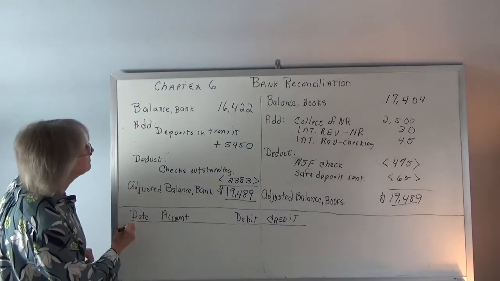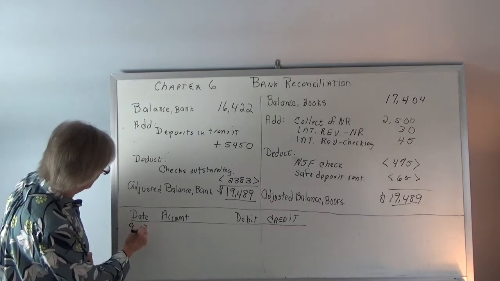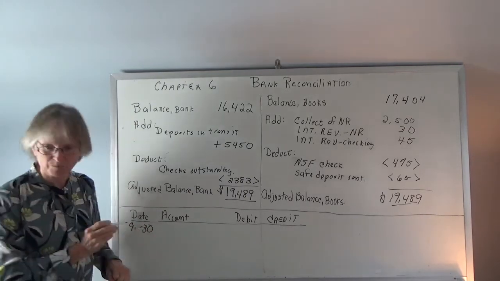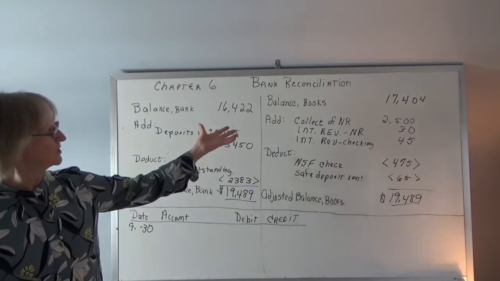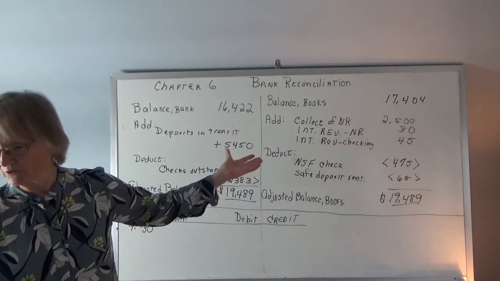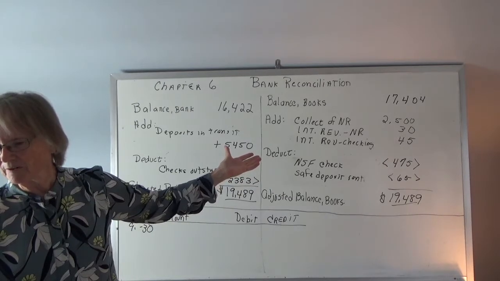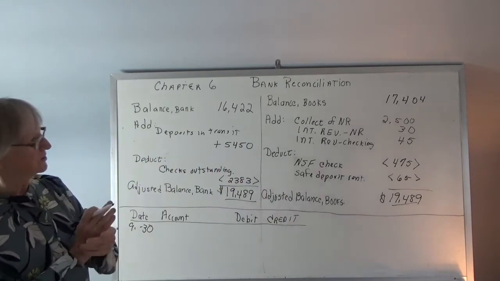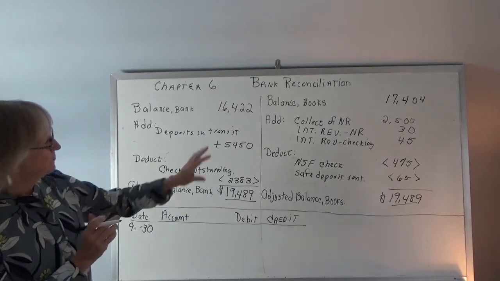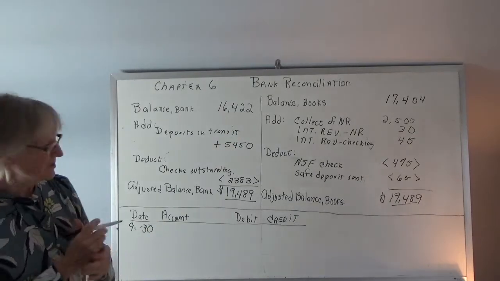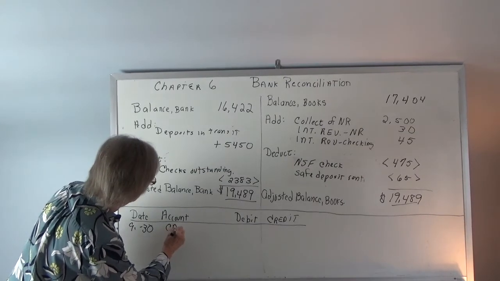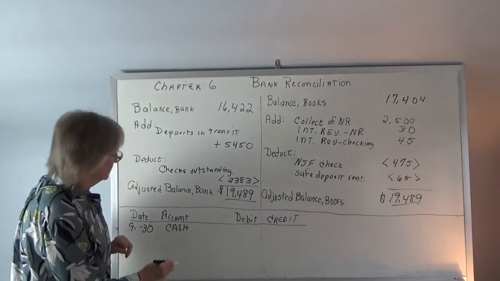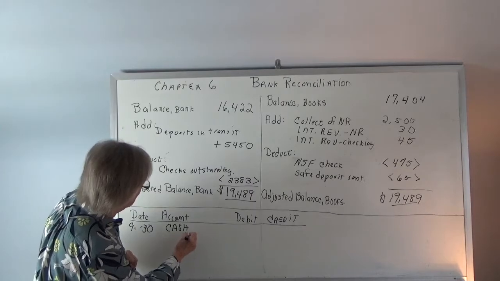So as of, I guess we're working at 9:30 here. Okay, that's not weird. So what account, we have to use actual account names here. So the account would not be collection of notes receivable. The account would be notes receivable. We would use interest revenue as an account. So the first journal entry, we're increasing cash, so we're going to debit cash, and we're going to be crediting the note receivable.